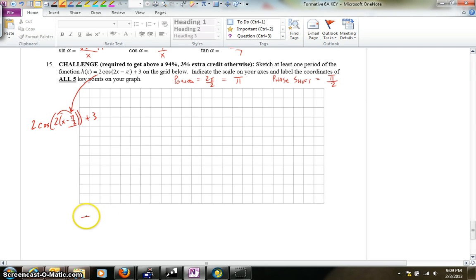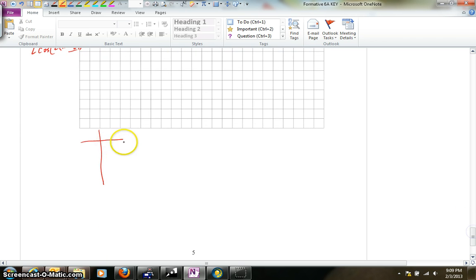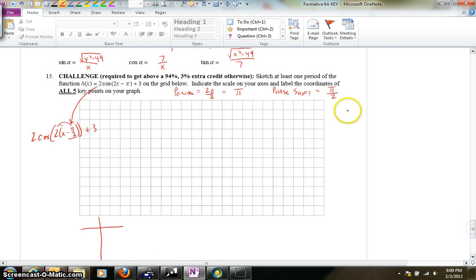So I'll start with my normal sine points, let's see, maybe I'll do it over here. Start with my normal sine points of 0, pi over 2, pi, 3 pi over 2, and 2 pi, which is 0, 1, 0, negative 1, 0.